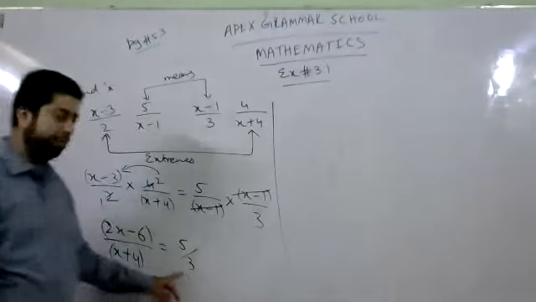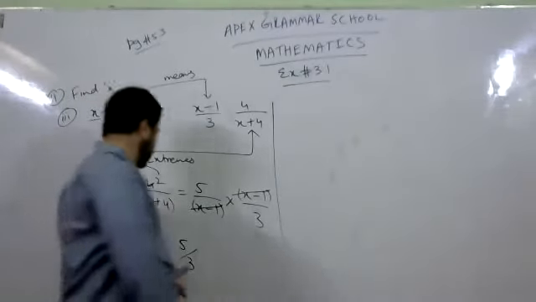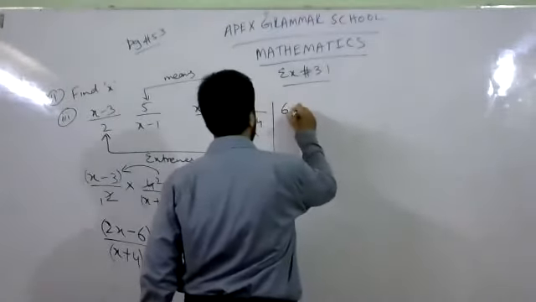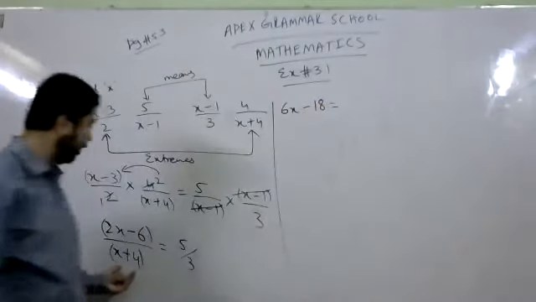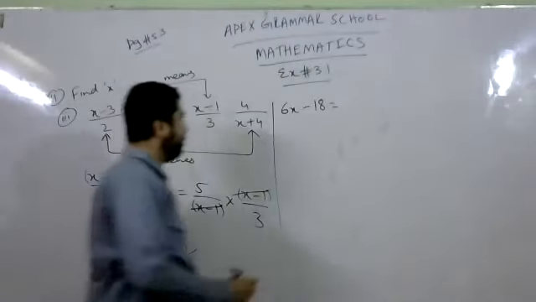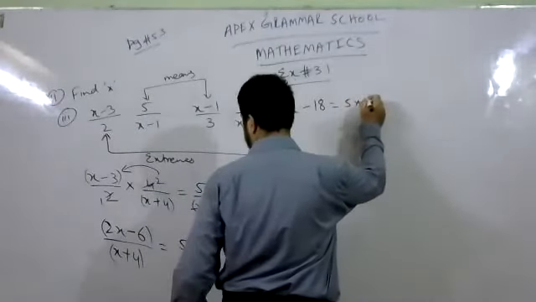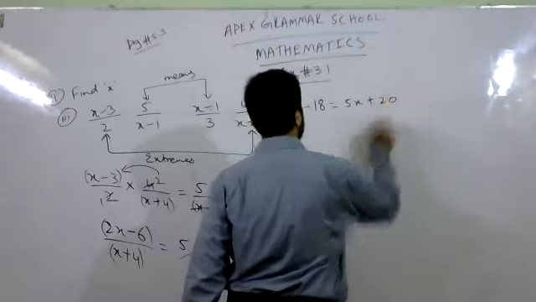This 3 is going to multiply this 2x minus 6: 3 times 2x is 6x, 3 times 6 is 18, equal to x plus 2 multiplied by 5: 5x plus 5 times 2 is 10.